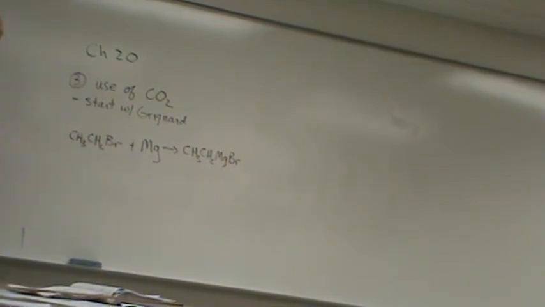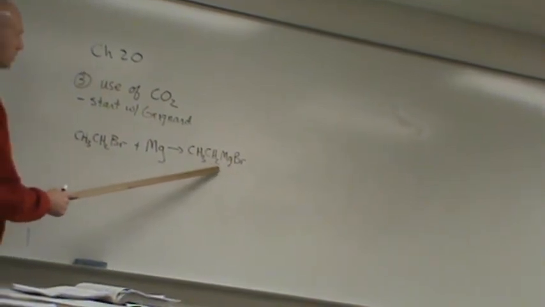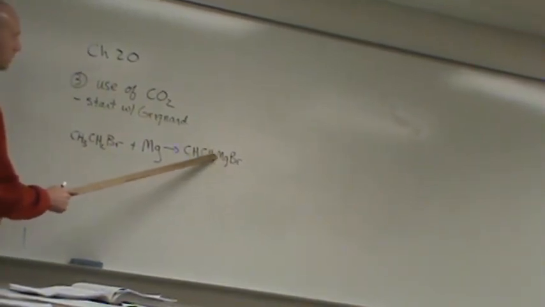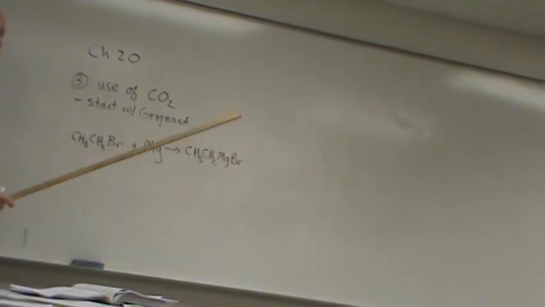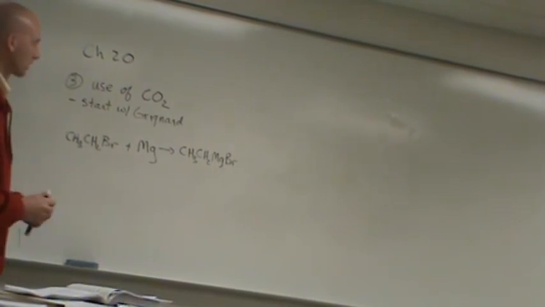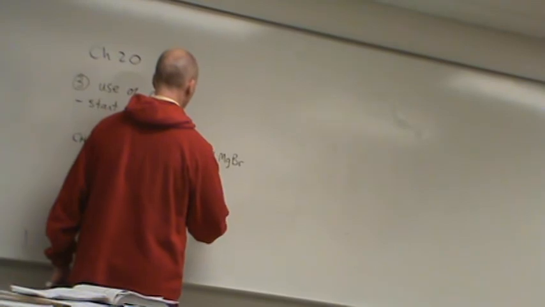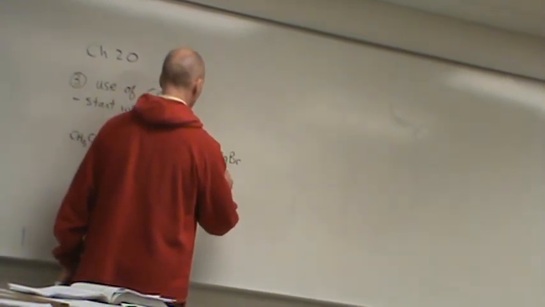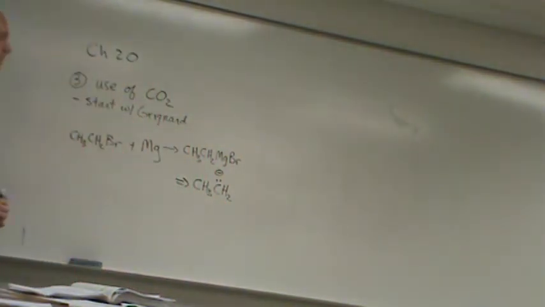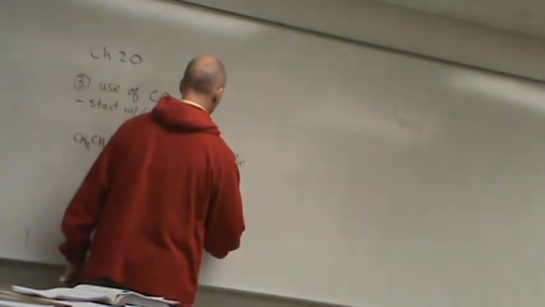What was the main property of Grignards? What do you do if you ever see this? Take off this MgBr and put a lone pair on that carbon where it's attached. So very good. This thing, for all practical purposes, acts like that. In other words, it's going to act as a nice nucleophile.